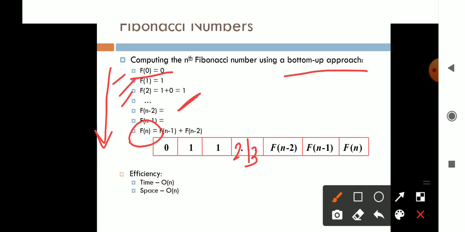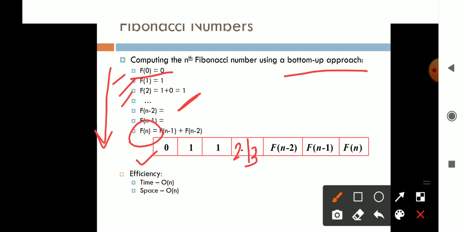Now see, whenever we are using the bottom up approach, in that we are going to use one structure. Generally it is an array, and in that array we are going to save the solutions for the function. We can use the single dimensional array or the two dimensional array, that is a table here. So generally for the bottom up approach, we are using tables and the solutions will be stored into the table. Now in this example, what we are going to store?